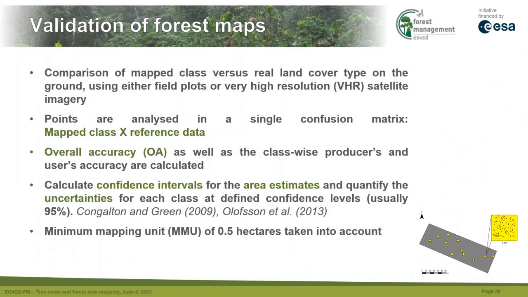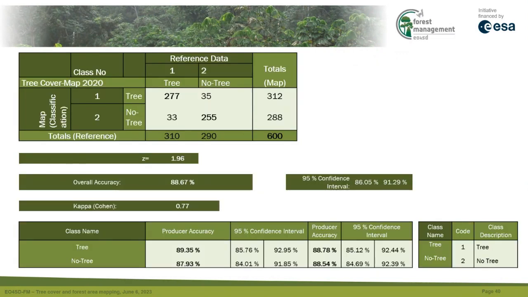Maybe the easiest or most general one to be used is the overall accuracy, which describes the overall proportion of the reference sites that are mapped correctly, and we also have producer's and user's accuracy. And we can calculate the confidence intervals and other accuracy related data.